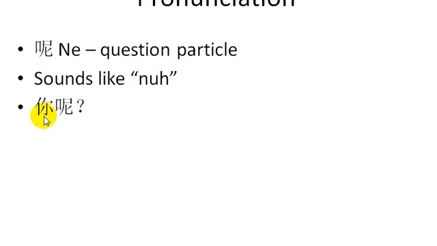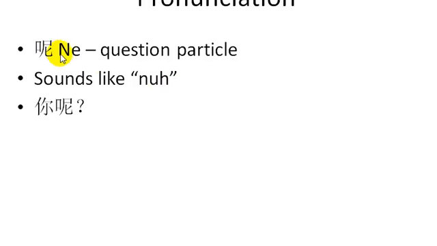Next we have ne, which is the question particle. It was used together with ni to form nine, to ask, and what about you? So very simply, this e, when it comes at the end of a Chinese word in pinyin, sounds just like our uh in the word da. It's in the throat. And when you make the different tones for it, the tones are in the throat.